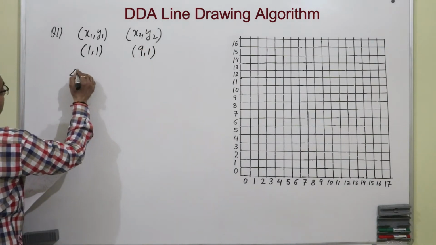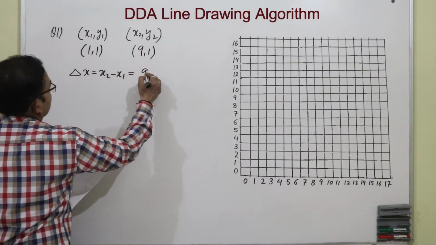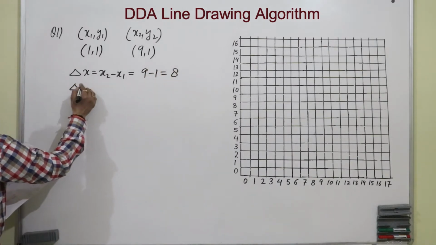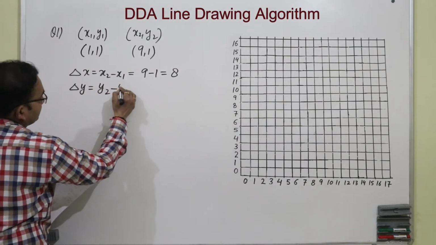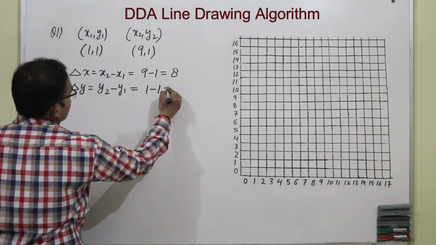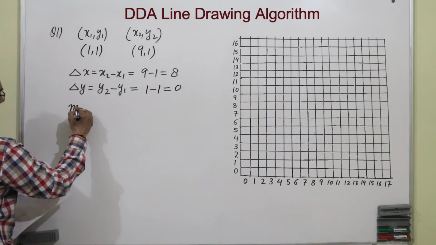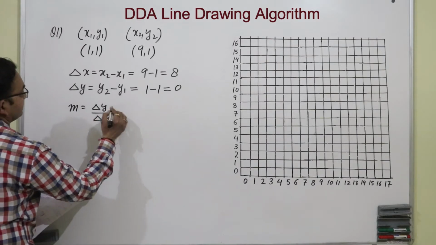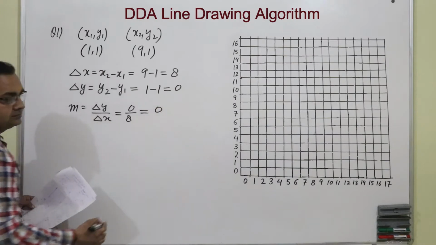So delta x equal to x2 minus x1 equal to 9 minus 1 equal to 8. Delta y equal to y2 minus y1 equal to 1 minus 1 equal to 0. Slope, delta y upon delta x, 0 upon 8 equal to 0.